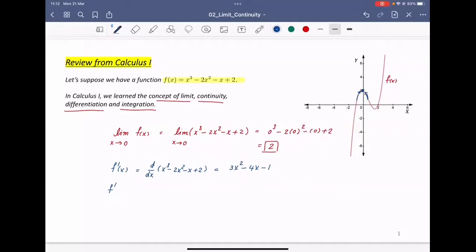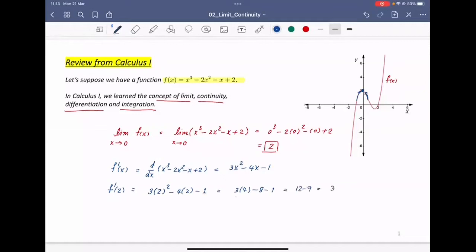Let's pick the number 2. If I pick f prime of 2, I get 3 times 2 squared minus 4 times 2 minus 1. If you compute this, you get 3 times 4 minus 8 minus 1, and that is 12 minus 9, which is the number 3.